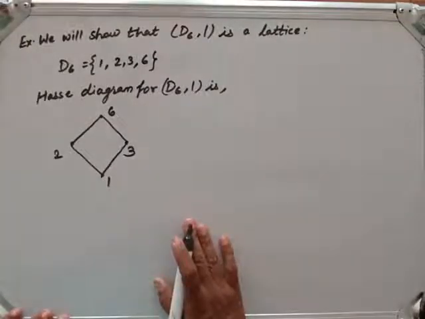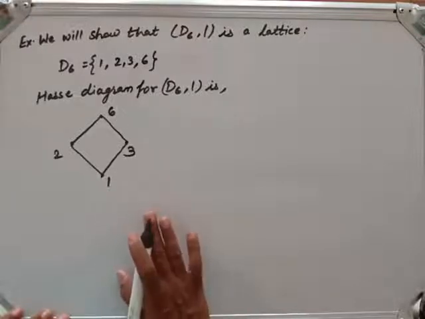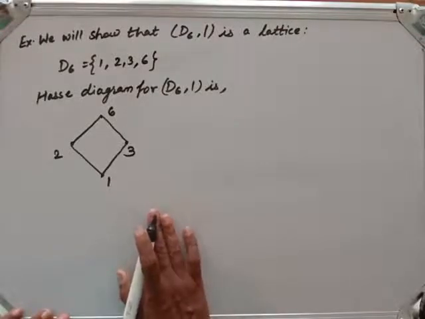Now let us check for each pair whether a greatest lower bound and least upper bound exist.